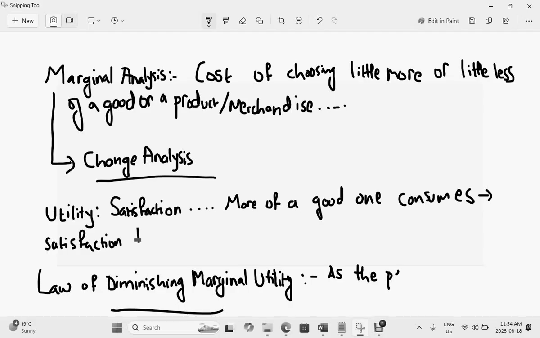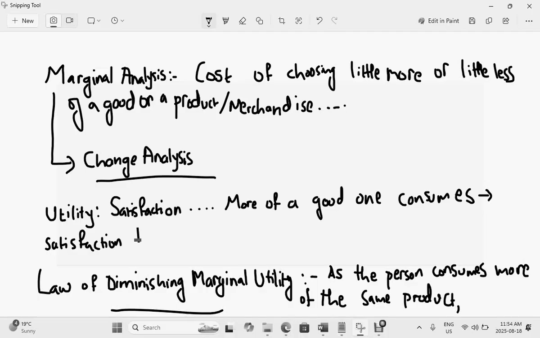As the consumer receives and consumes more of the same product, the satisfaction or the utility goes down.